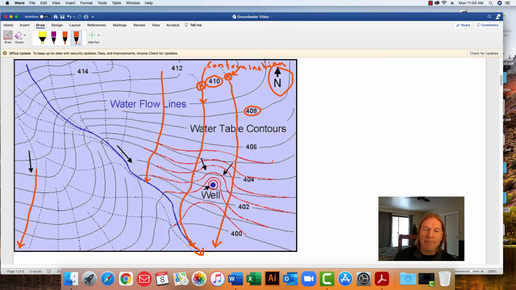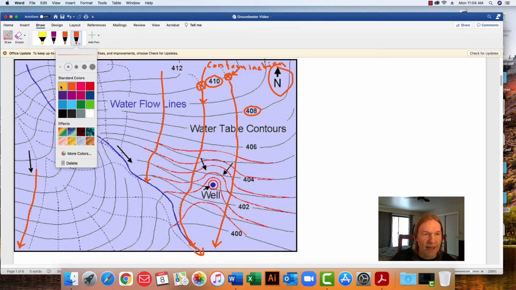But look at what happens when we start to pump water out of this well and we create a cone of depression. Everything changes. So I'm going to pick a green color and draw what's going to happen with this well, pumping water and making a cone of depression.